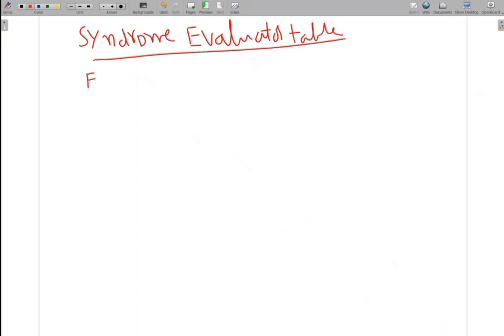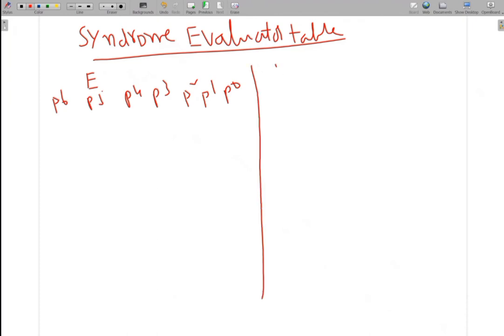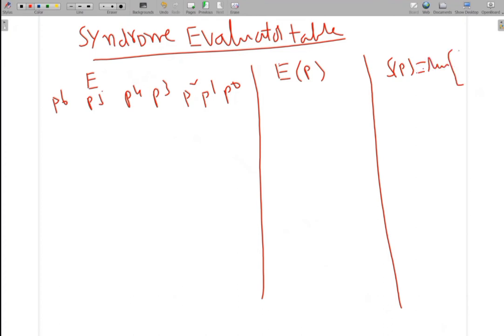E value: p power 6, p power 5, p power 4, p cube, p square, p power 1, p power 0. Next step is E of p, and final one is S of p, the remainder of E of p by G of p.